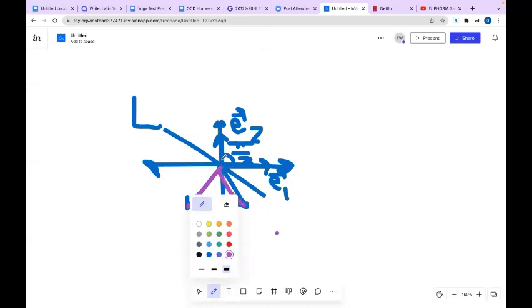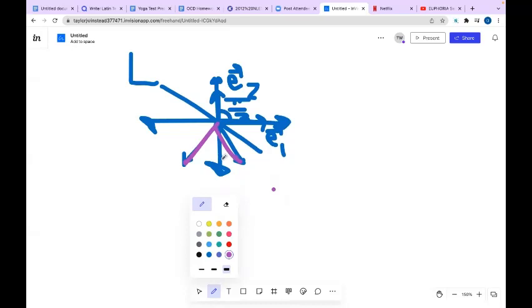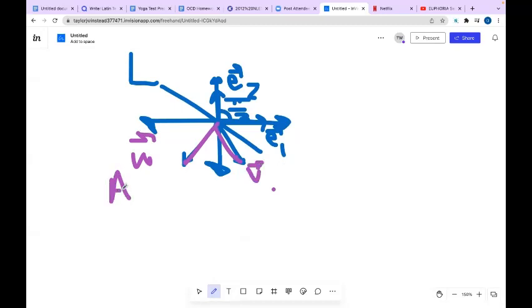That means that this is vector W and this is vector V. And we can say that W is equal to A times E2, and V is equal to A times E1. And this right here is negative pi over 2 because it's been reflected over.